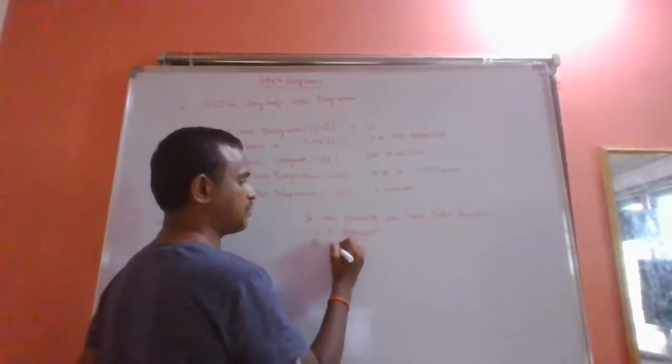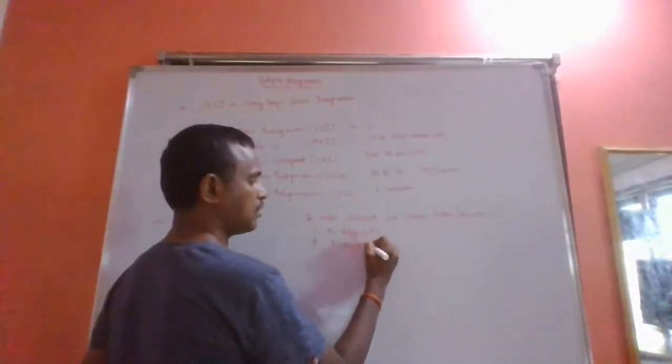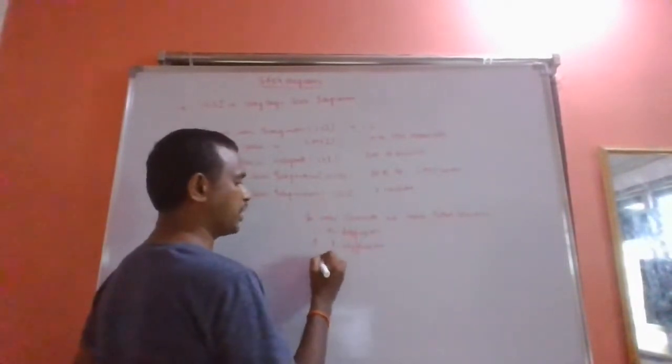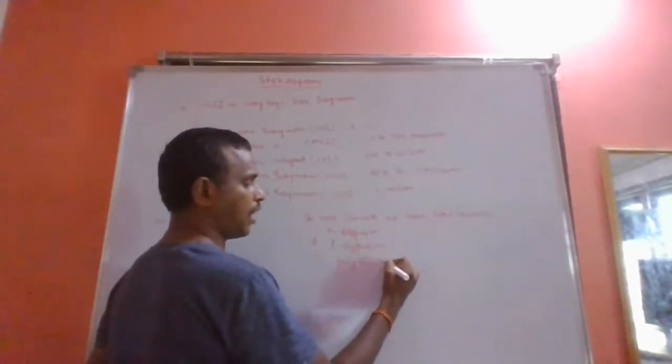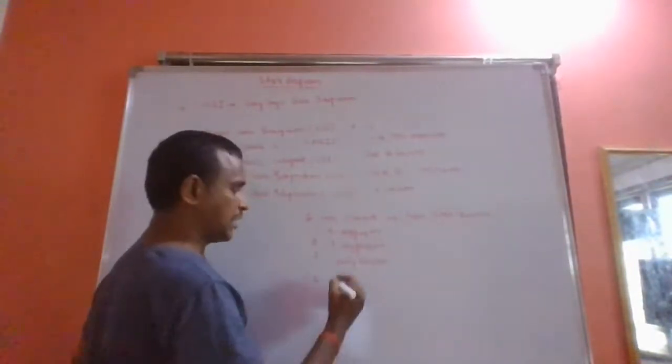and the second one is P diffusion, the third one is polysilicon, and the fourth or final one is metal.